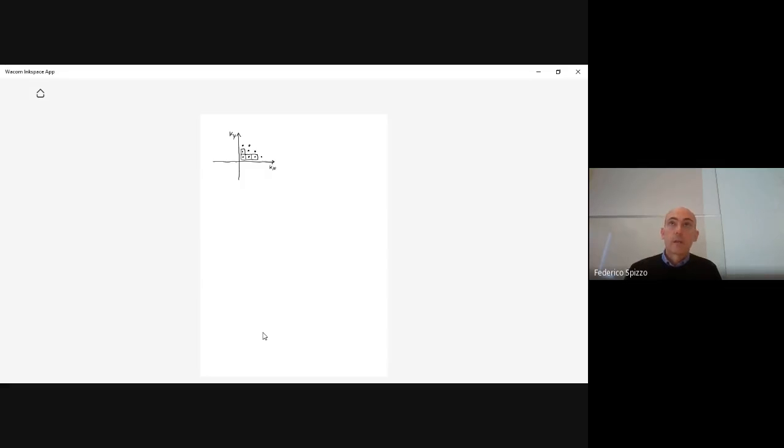Now the question is, what is the volume of that box? The volume of that box, since we are working in the wave vector space, is a volume in the wave vector space. So it's not expressed in cubic meters, but in meters to the -3. So the volume is equal to 2 pi over Lx times 2 pi over Ly times 2 pi over Lz.